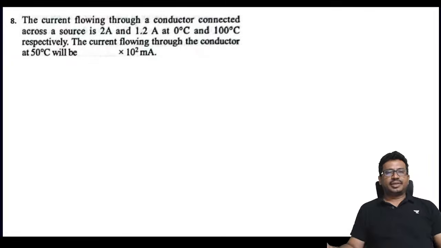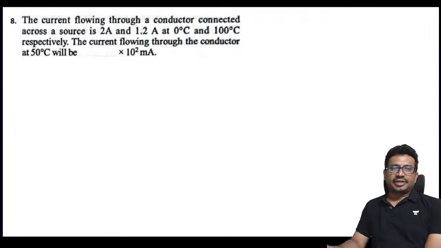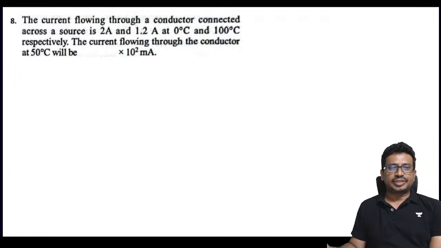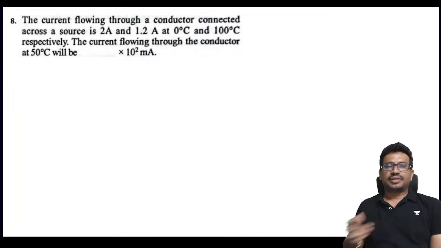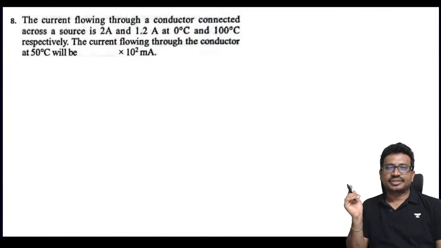Next. The current flowing through a conductor connected across a source is 2 amperes and 1.2 amperes at 0 degrees and 100 degrees respectively. The current through the conductor at 50 degrees is?